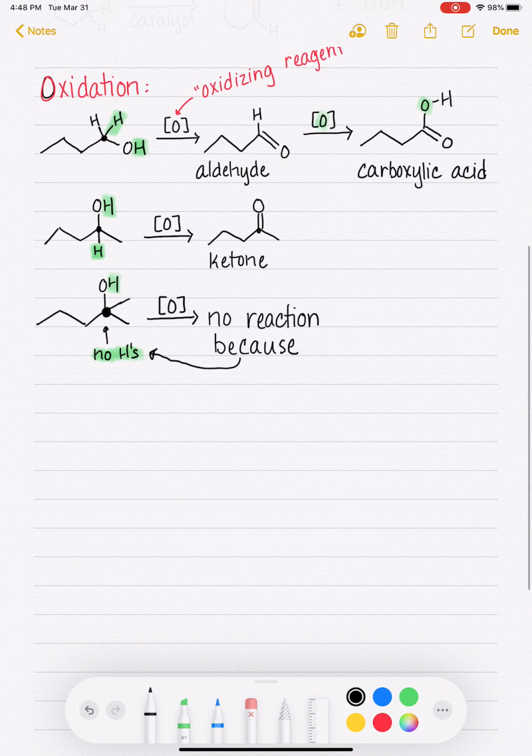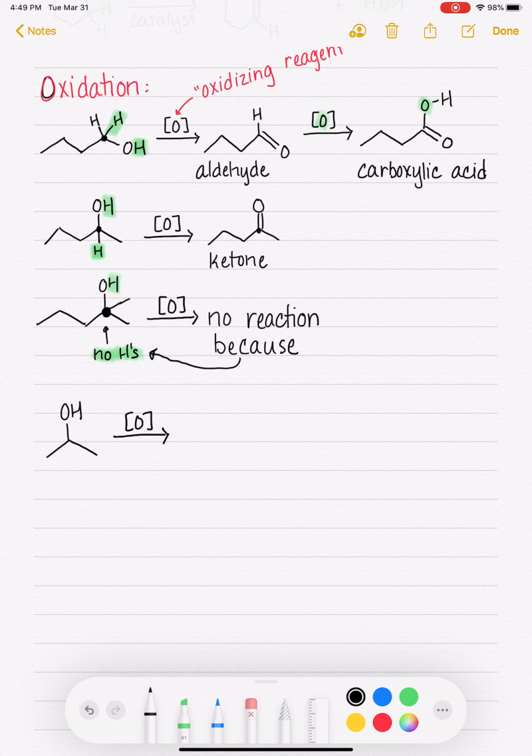So let's just practice a couple more examples of this reaction. What if we have this molecule right here, and we're going to react it with O? What is the product of this reaction?